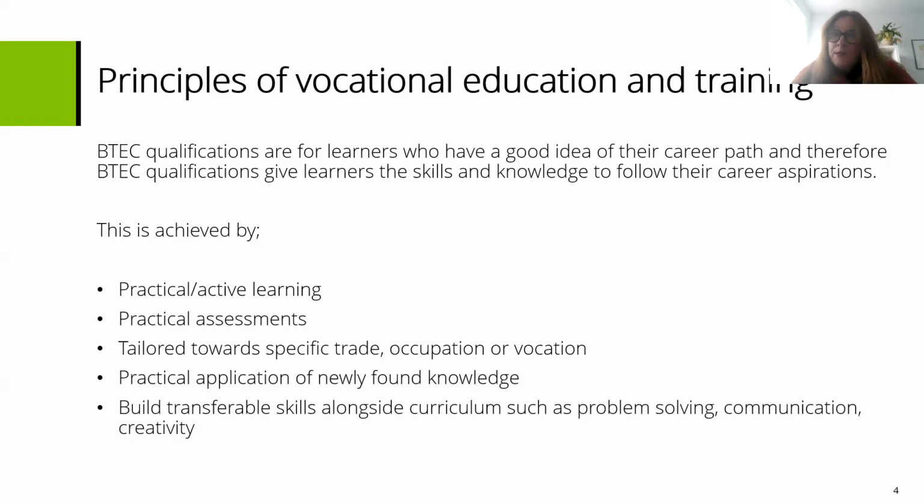Or actually, in some cases, it may not be sport that they ultimately end up working in. It may be another vocational area, but they will still have a level 2 qualification.